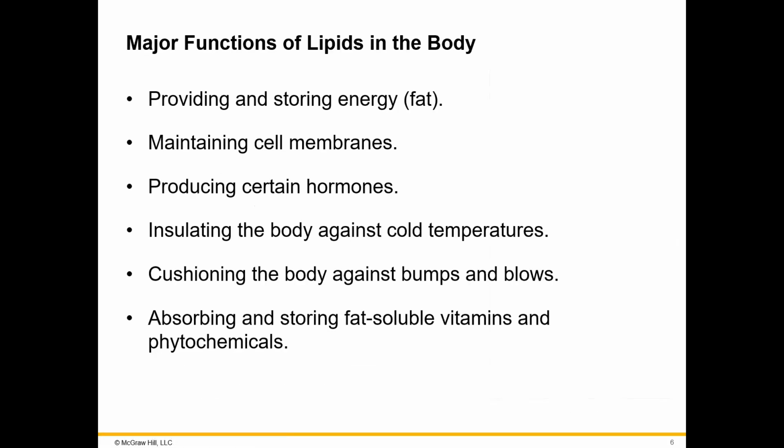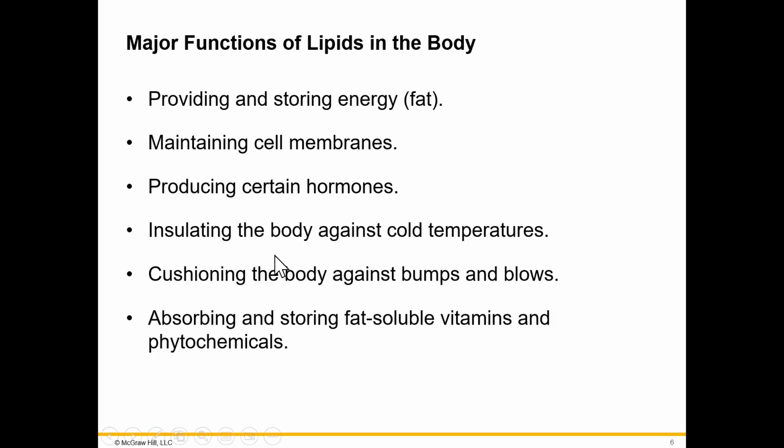Fats are needed in the body. They have 9 calories per gram. So it is almost double, or it is double the amount of energy in protein and carbohydrates. So it is integral in maintaining cell membranes, hormones, adipose tissue is the storage form of fat, and it can be used for ATP. That's why we can lose body fat.